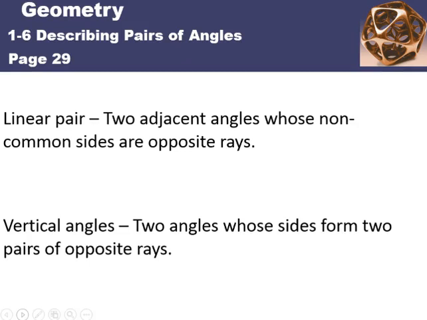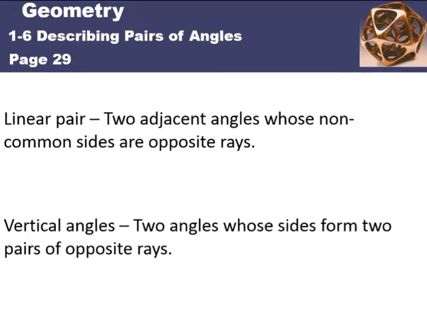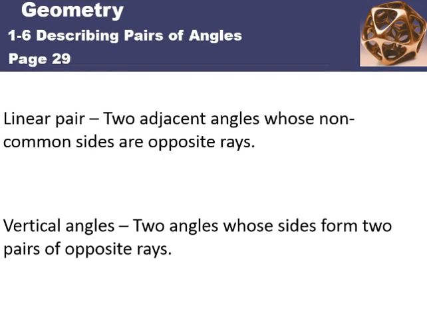Okay, so a linear pair is two adjacent angles whose non-common sides are opposite rays. So I'm going to draw two different kinds of angles. Here I have the red angle and a blue angle.